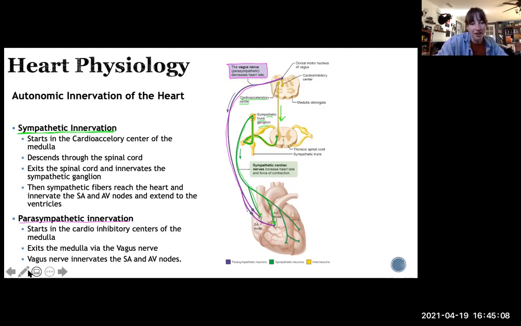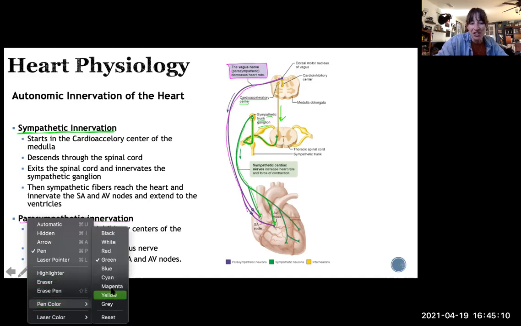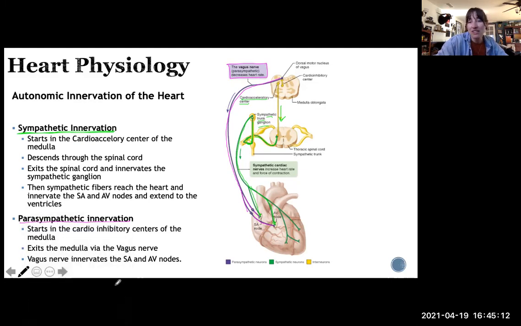Later, when you are in rest and digest mode and your parasympathetic nervous system is in charge, the cardioinhibitory center of your brain is going to send a signal down the vagus nerve and go to the same places and just tell a different story to your heart, which is, you can calm down now, slow down, take it easy.